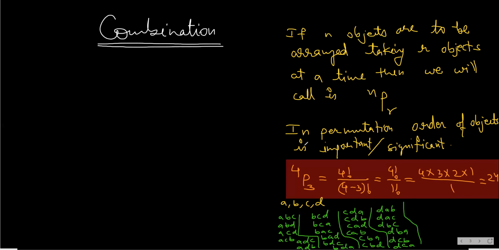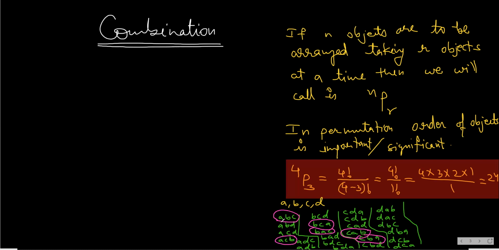You have 24 arrangements. Now, you will understand, students, that when you wrote ABC, it is not that you got three, so it is done. Here also you have the same three objects, but look at the order. The order is different. ABC, ACB, BCA, BAC, CBA and CAB.